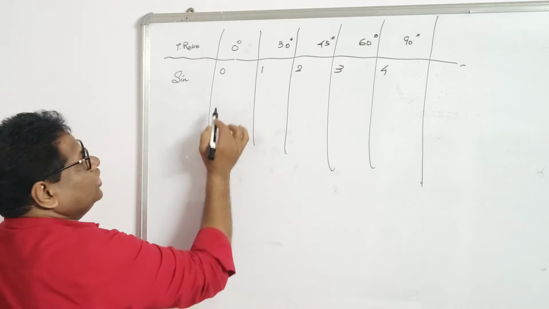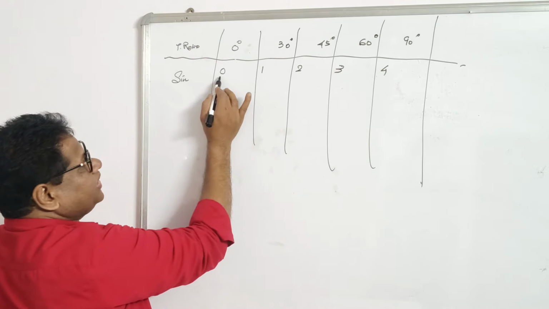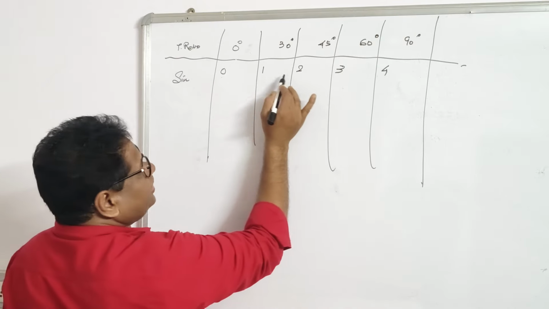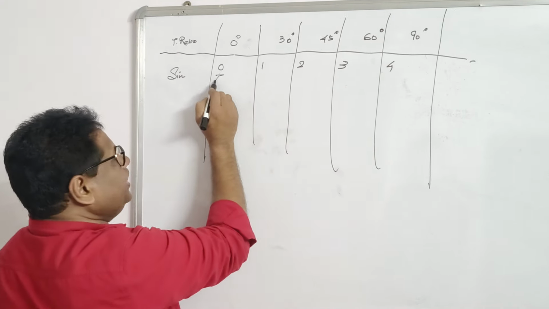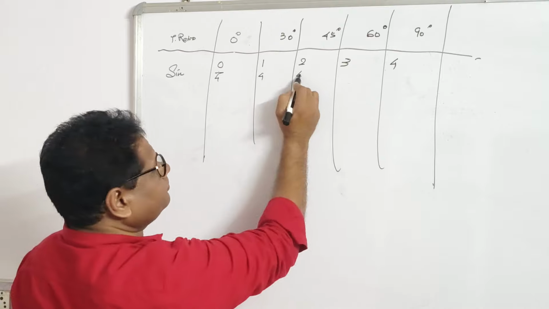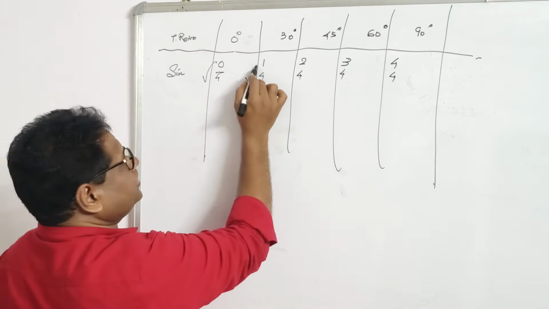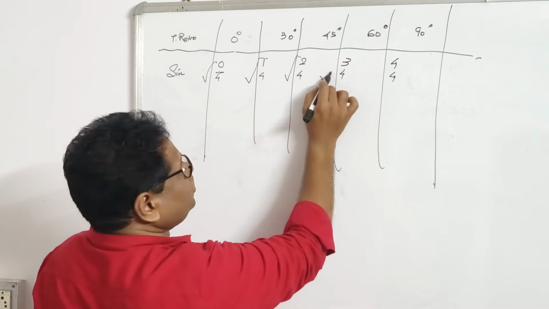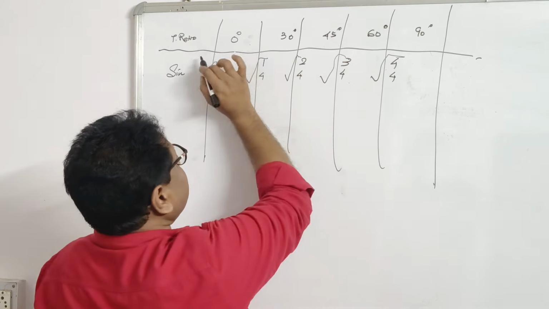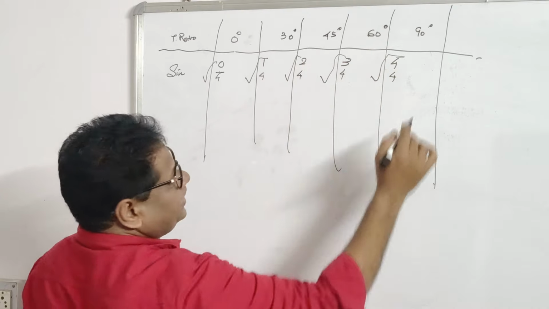Since whole numbers start from 0, keep writing whole numbers 0, 1, 2, 3, 4. Now divide each of them by 4 and get the square root. This gives you the values of the first row for all the values of sine: 0, 30, 45, 60, 90.